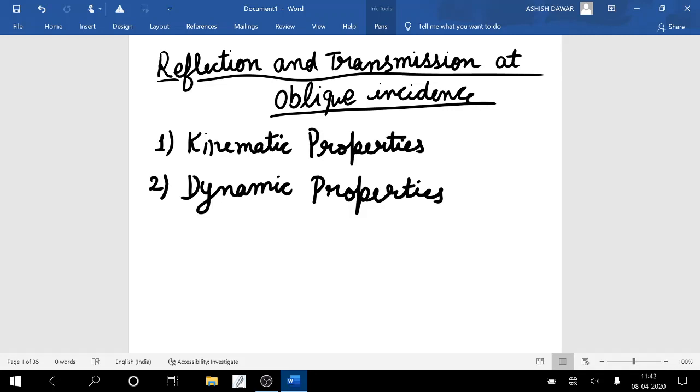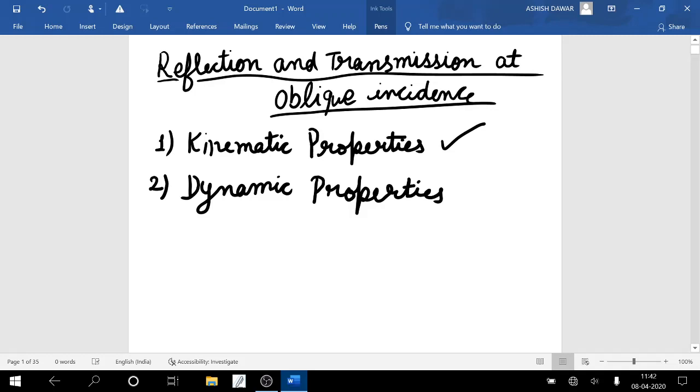Here I is the angle of incidence, and R is the angle of reflection in the case of reflection, and the angle of refraction in the case of refraction. And the second law, which is common to both, is that the incident ray, normal, reflected ray, and refracted ray all lie in the same plane. So these come under kinematic properties.